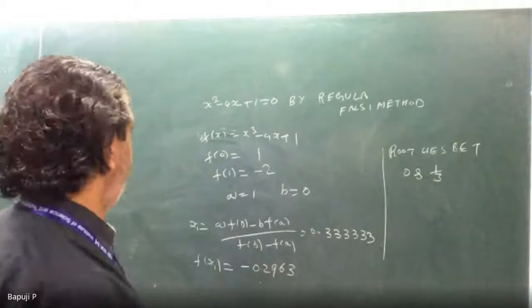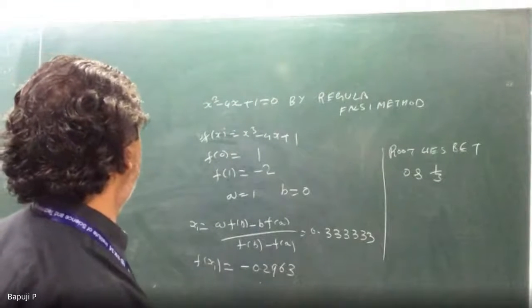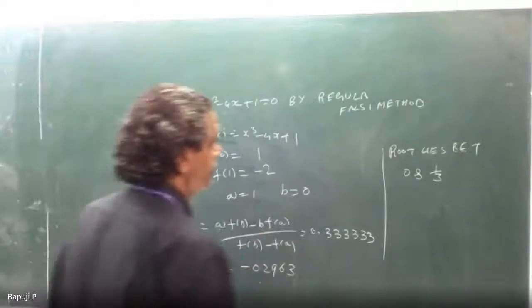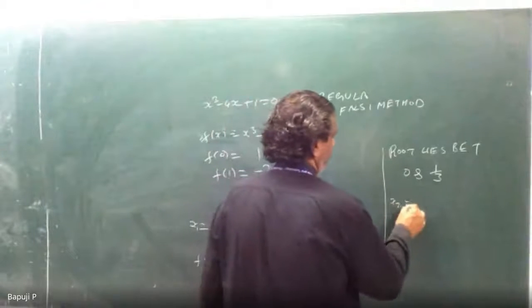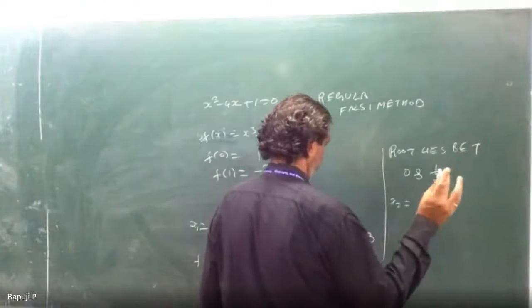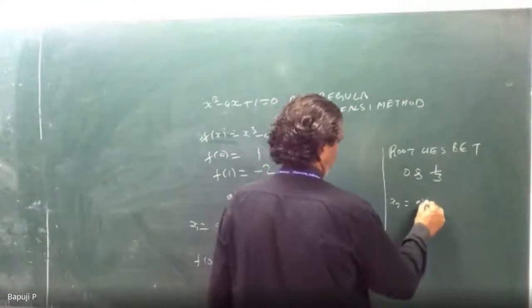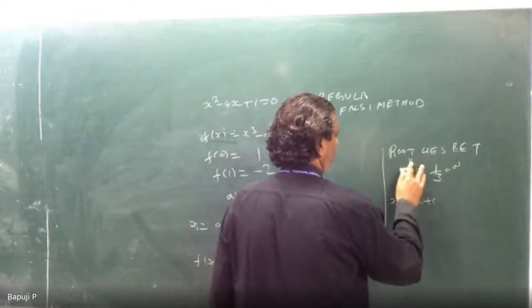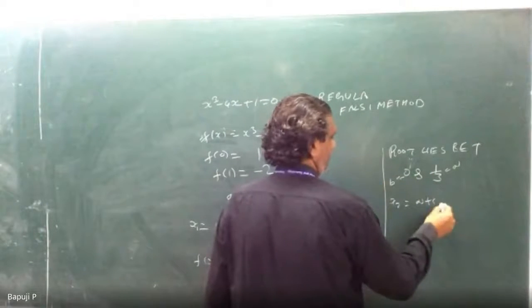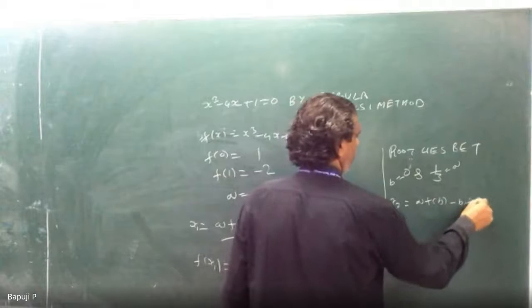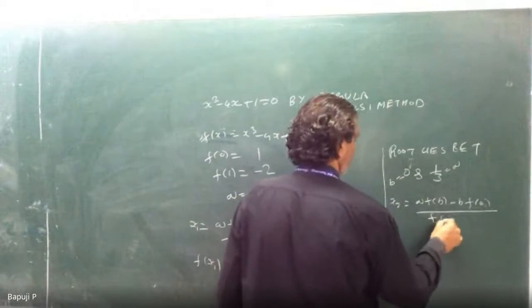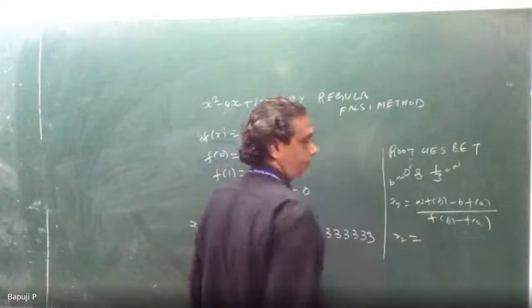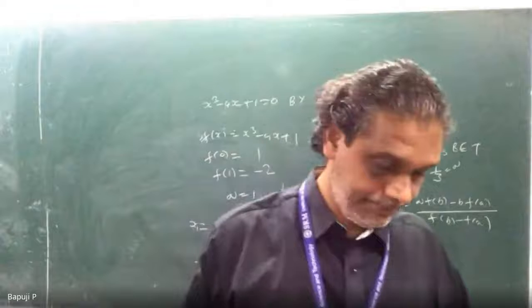Again, you can find x2. Now who is a you are taking? Again, 1 by 3 is a, and this is b. Now x2 is equal to what? Substitute and tell me.